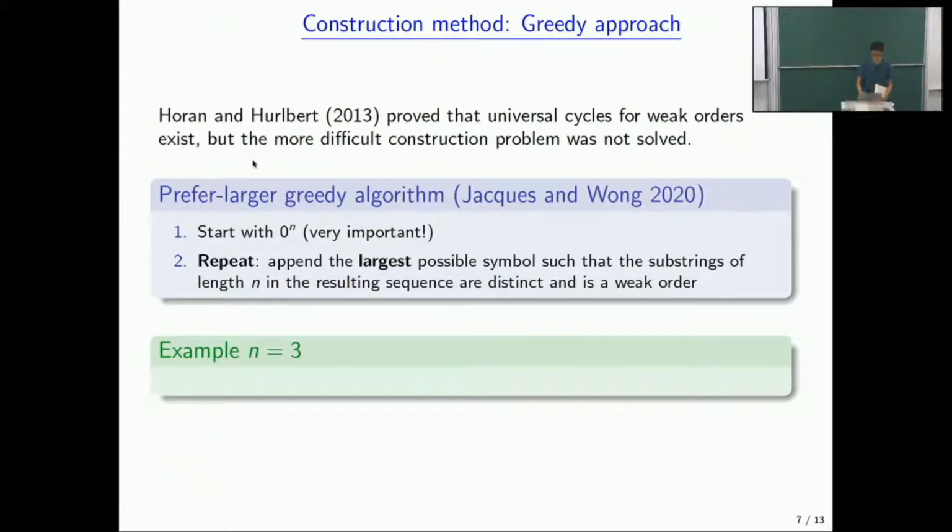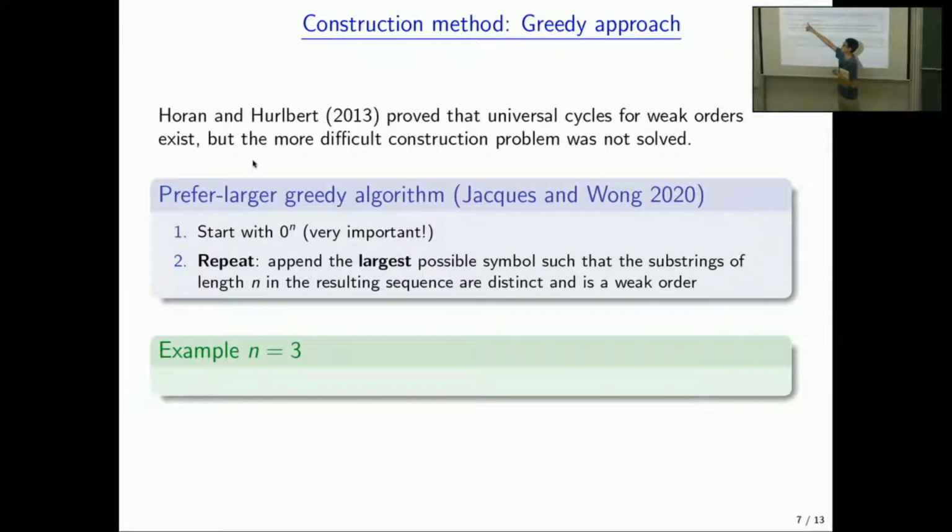The approach is what we call a greedy approach, which means that you greedily try to get the maximum, or you greedily try to get the minimum, stuff like that. So the idea works like this. You start with the weak order which is all 0, which means all ties. This is called preferred larger.